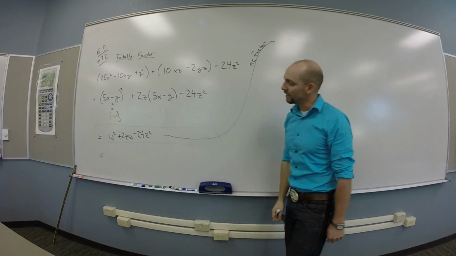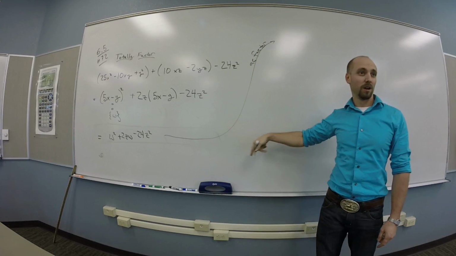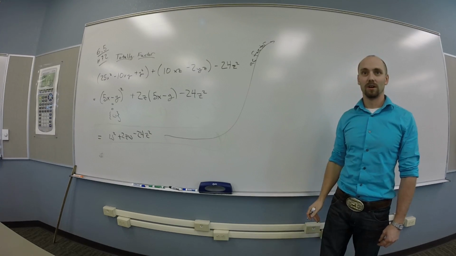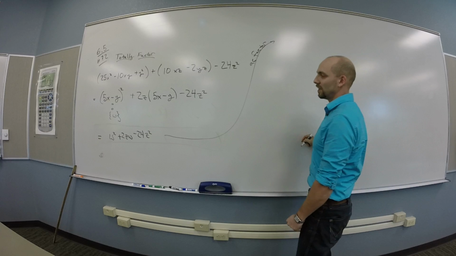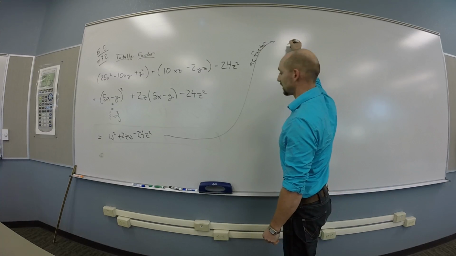He's saying, all right, I need two things that multiply together to negative 24 and add up to positive 2, right? So they need to be 6 and negative 4.